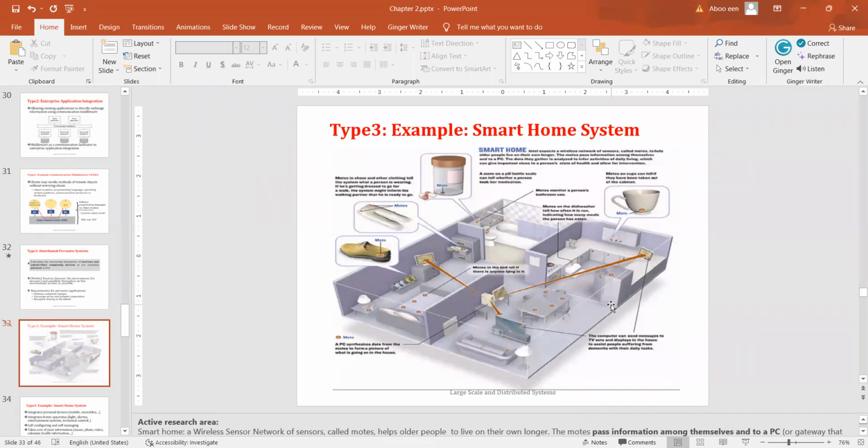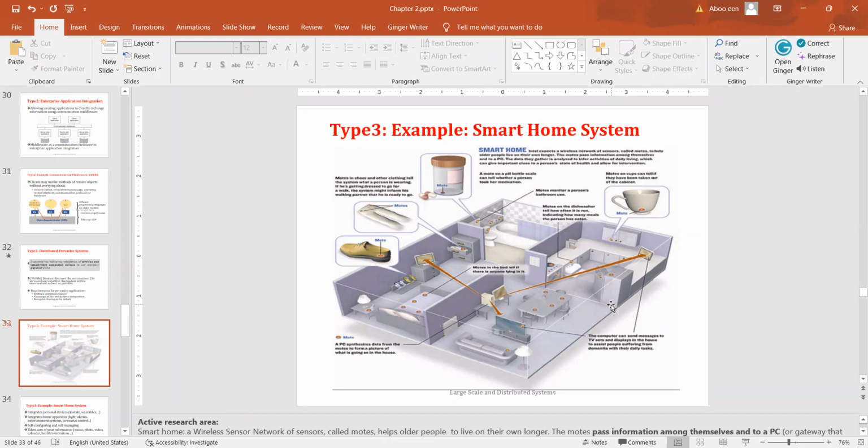And when he enters his entertainment place, the television is automatically playing some movies. So these are some smart systems which can be easily controlled by the users or owners.